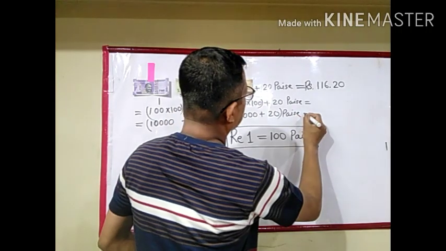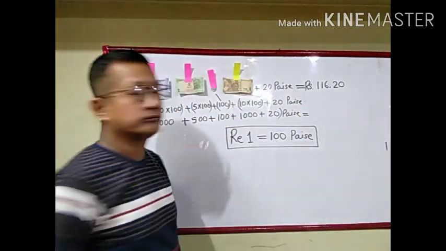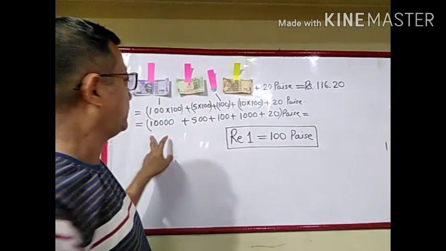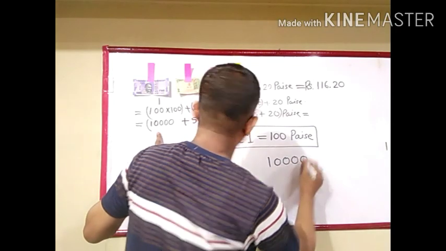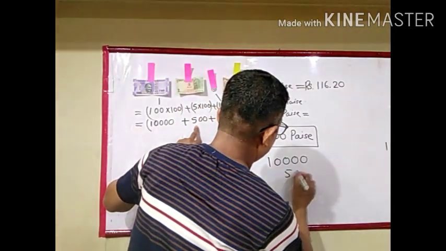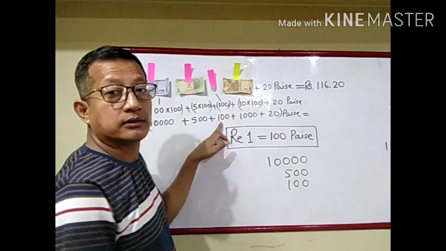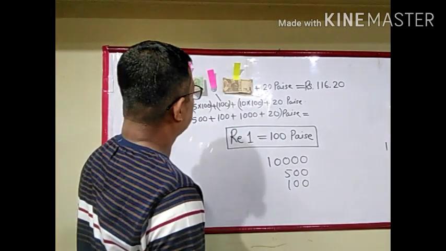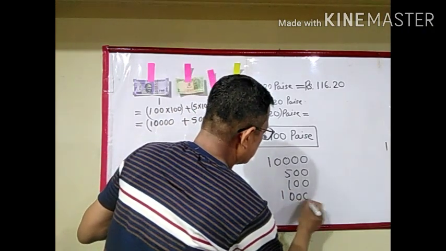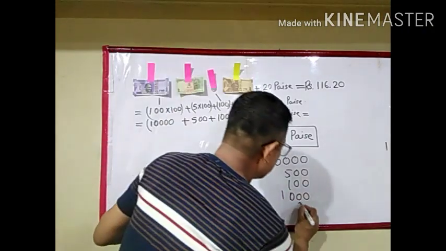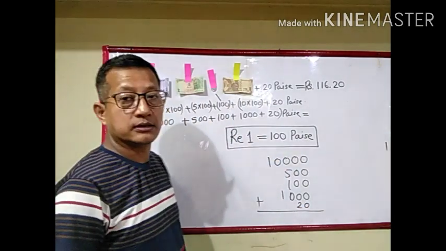So now, equal to how much? Can you add? Here see, 1 and 4 zeros, 1, 2, 3, 4 zeros. This one 500, 5 0 0. Here 100. Then again 1000 here. And here 20. So you add all the pies.